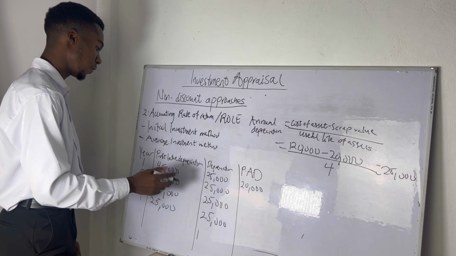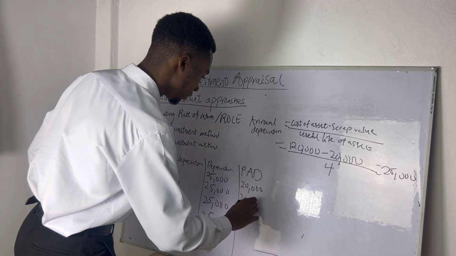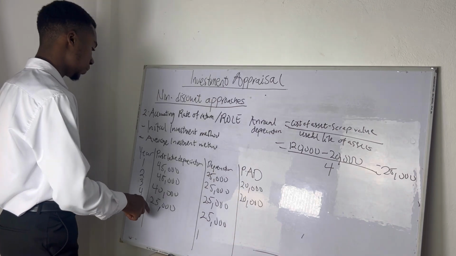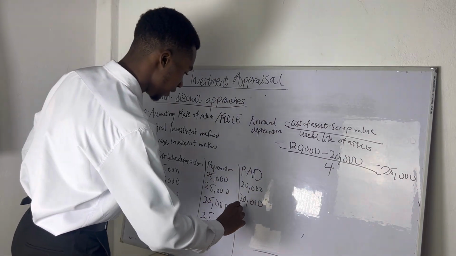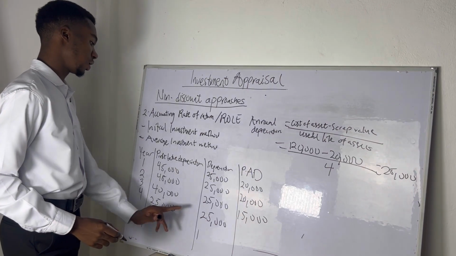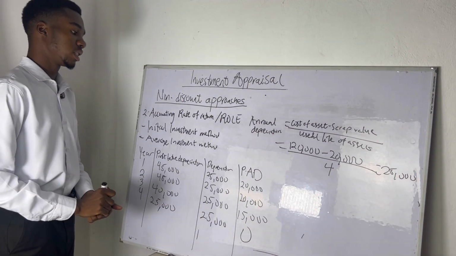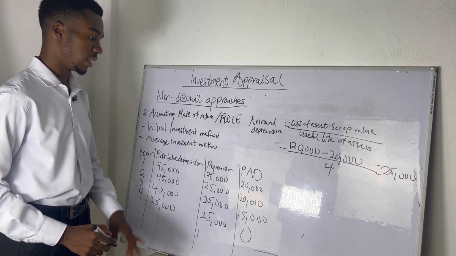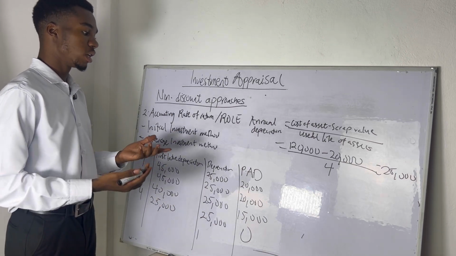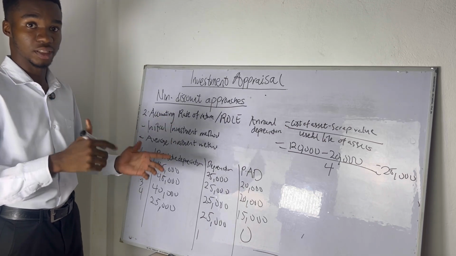Then year 2, we have 45,000 minus 25,000, which is also 20,000. Then year 3, 40,000 minus 25,000, which is 15,000. Then year 4, 25,000 minus 25,000, which is 0. You get it? So these are the profits after depreciation for each of the years. Now I'm going to add all the profits after depreciation to see the actual profit you are making from this investment.